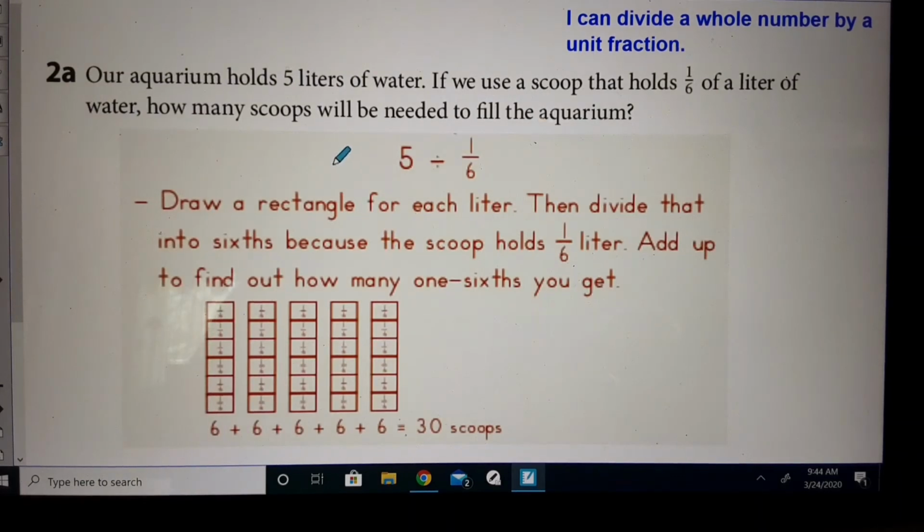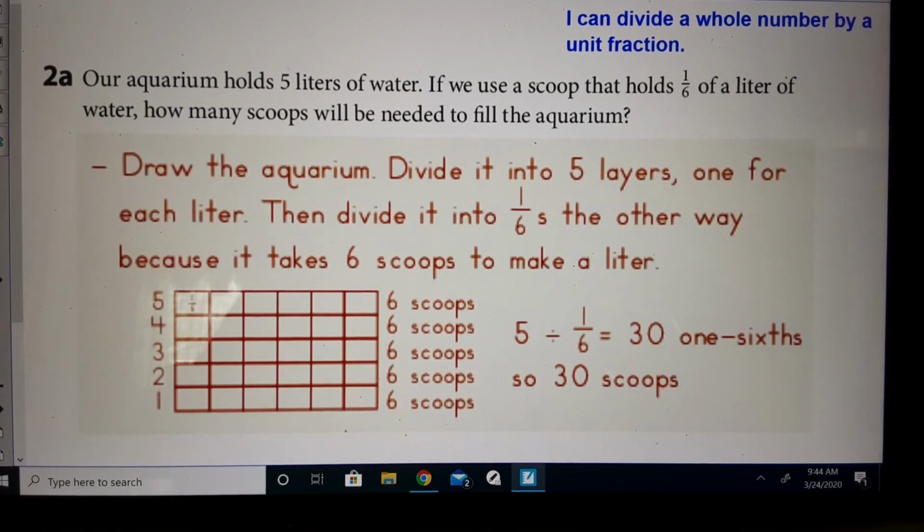Here's a picture of that. Here are the 5 liters, each liter divided into sixths. So we see we have 6 pieces here, 6 scoops here, 6 here, 6 here, and 6 here. 6 5 times is 30. Here's another picture of it. We draw the whole aquarium, and each layer is a liter.